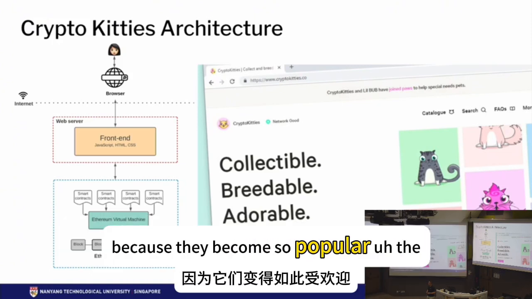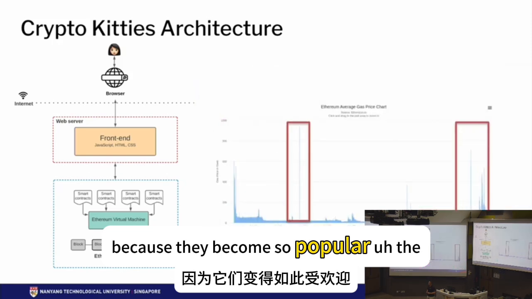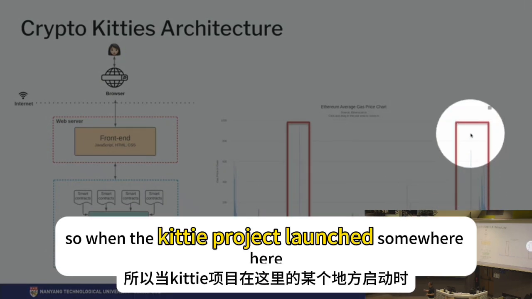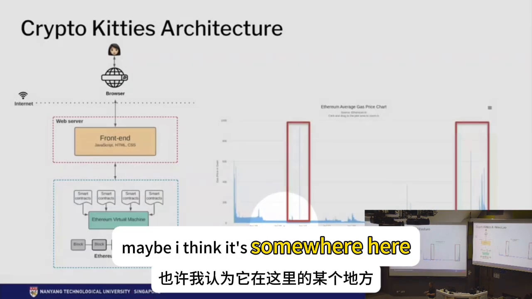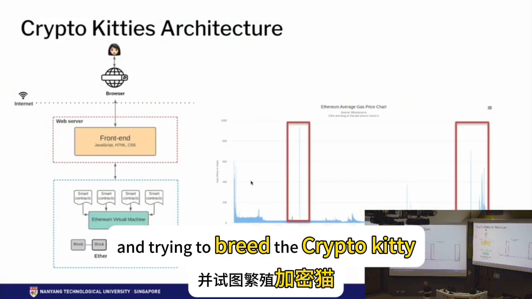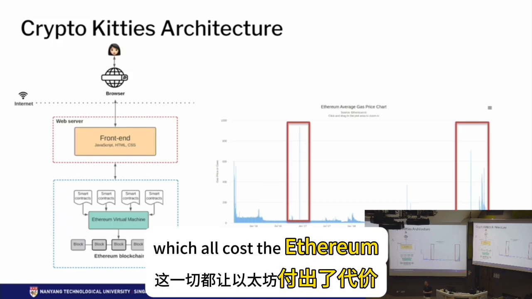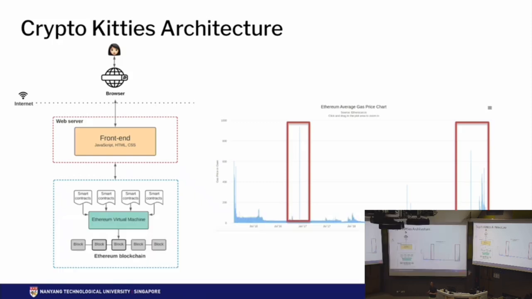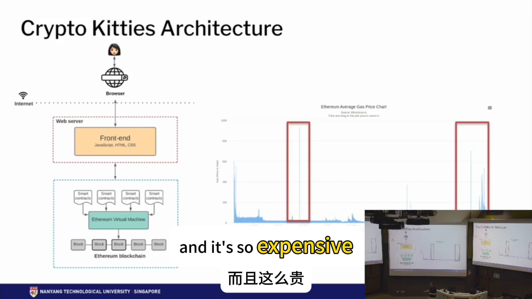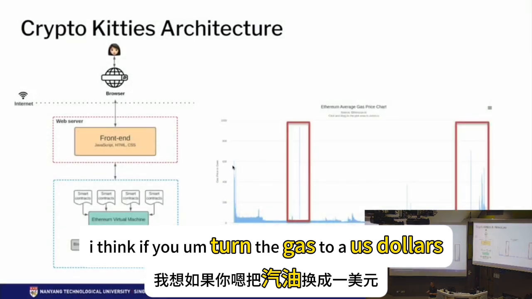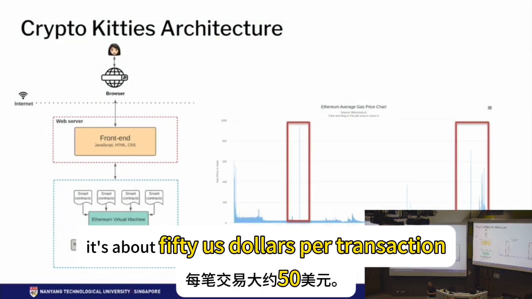When this project launched, it became so popular, and you still remember the gas cost logic, right? Everyone was trying to buy and breed CryptoKitties, which all cost Ethereum tokens. That made the network super congested and so expensive. During this time, if you turned the gas into US dollars, it was about $50 per transaction.